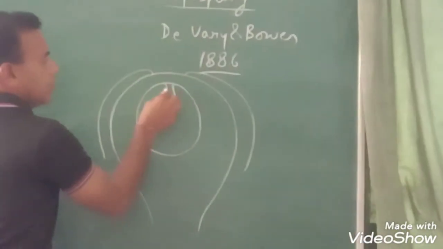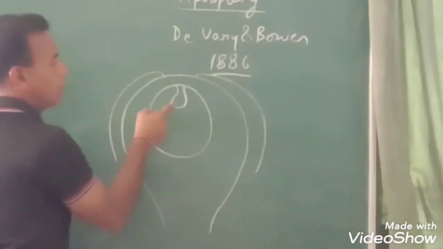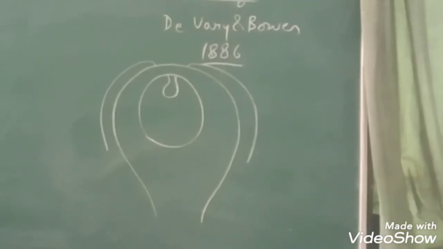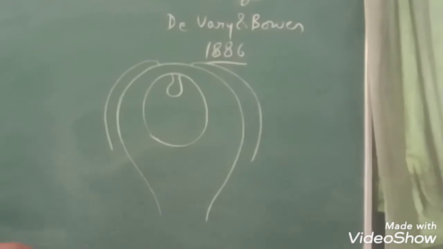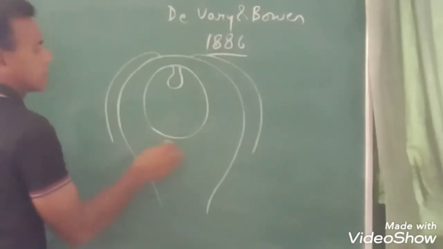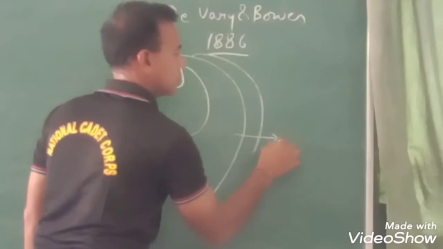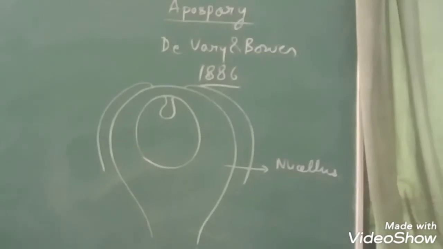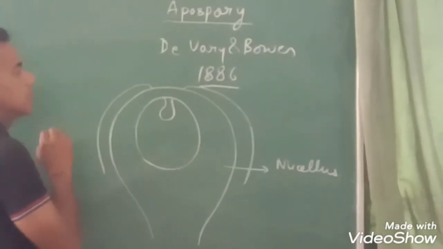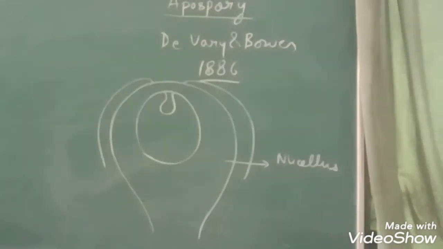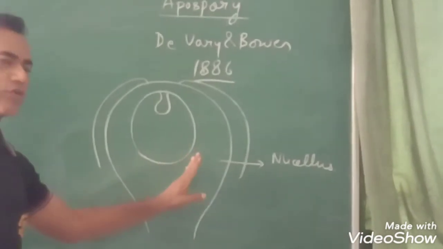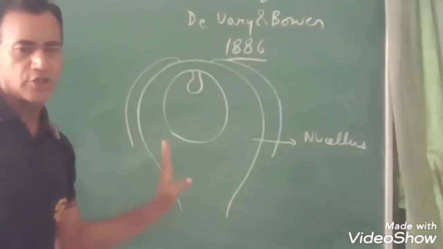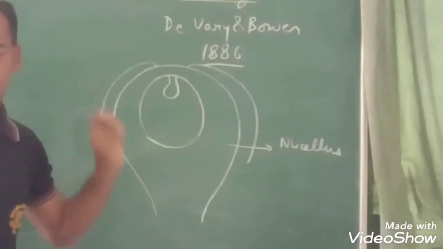So, with the formation of an embryo from the egg cell, any other cell of the nucellus activates and develops into an embryo sac. This is what apospory is: the development of an embryo sac from the cells of nucellar tissue outside the normal embryo sac.